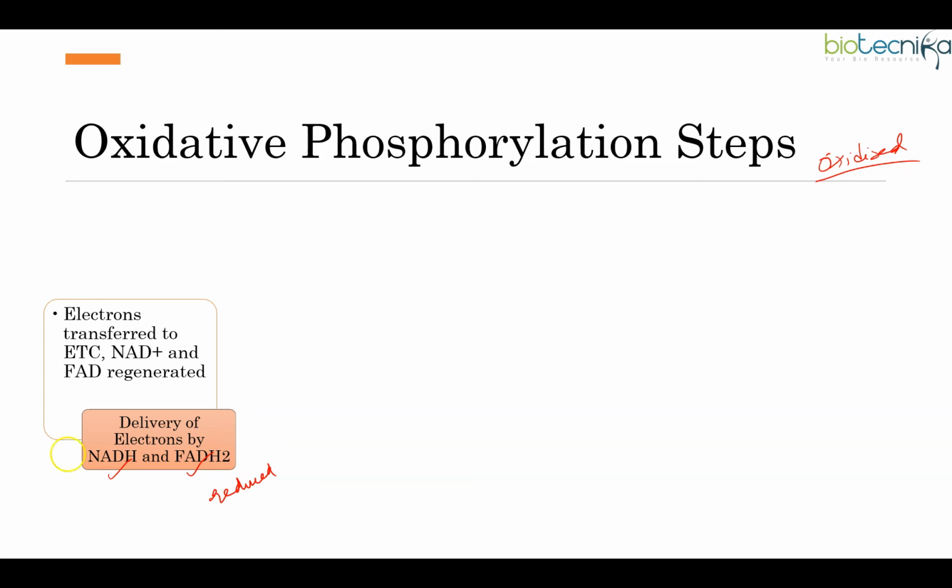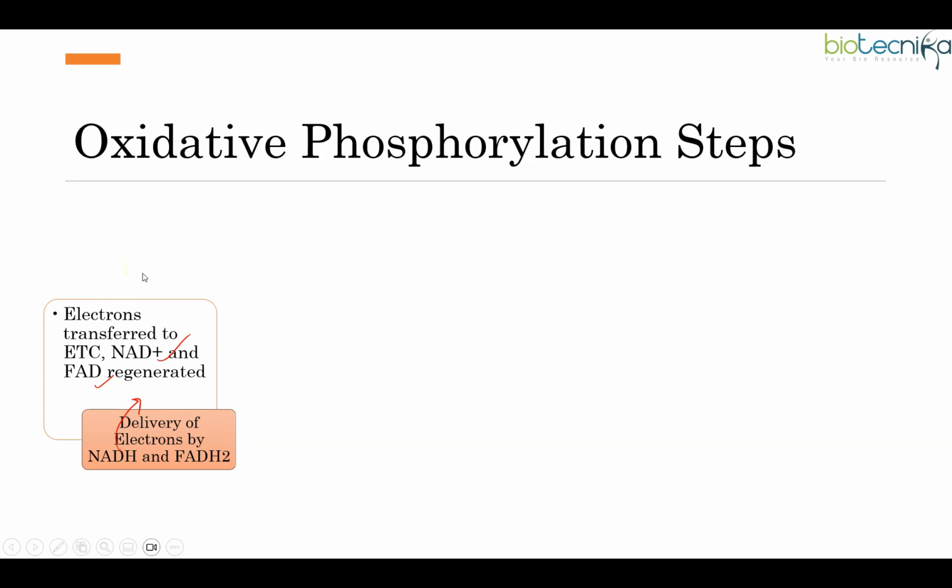So this is the first step in oxidative phosphorylation. Electrons are transferred to the electron transport chain, and since NADH and FADH2 have given up the electrons, NAD plus and FAD will be regenerated so that they can again enter another round of oxidation steps.